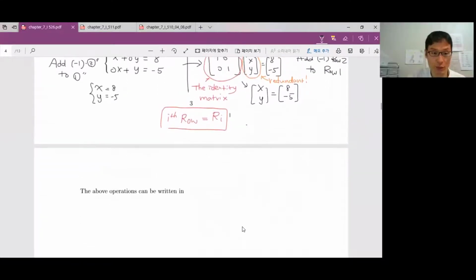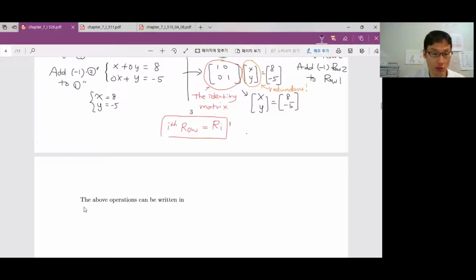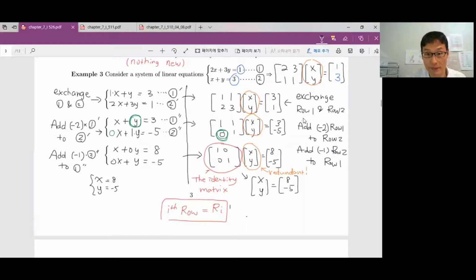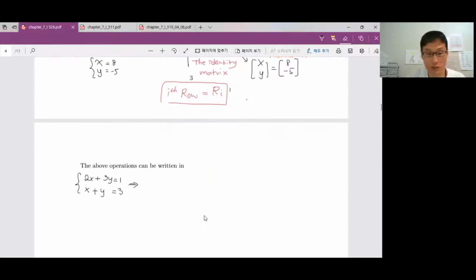Okay, so the above operation can be written in an even shorter way. The original system was 2x plus 3y equals 1 and x plus y equals 3. So we want to rewrite this in the right column, after suppressing the redundant x and y, and we will have even shorter and better writing.